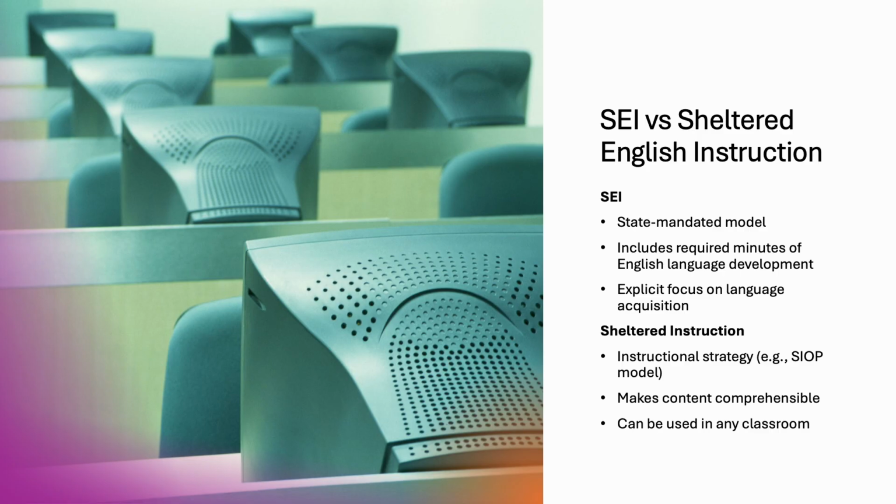These use strategies like visuals, modeling, cooperative learning, sentence frames, and they could be used in pretty much any classroom. So while SEI defines the structure, sheltered instruction defines how teachers deliver content in those accessible ways.